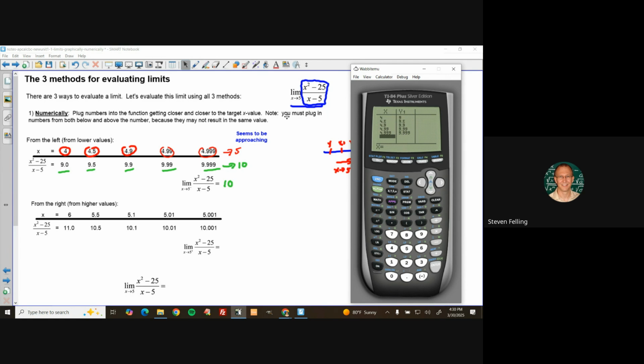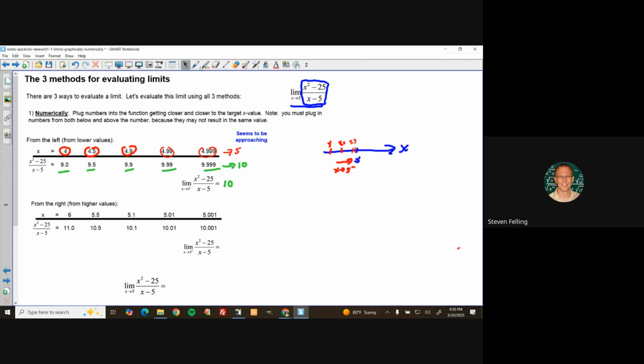All right, and then we also want to approach from the other side, because for a limit to exist, we have to be able to approach from either side, and the y has to approach the same value. So if we're approaching 5 from higher values, that's written this way. X is approaching 5 with a little plus sign, meaning we're coming from the more positive side. That means we're maybe starting at 6 and then going down to 5.5 and then 5.1 and then 5.01 and 5.001.